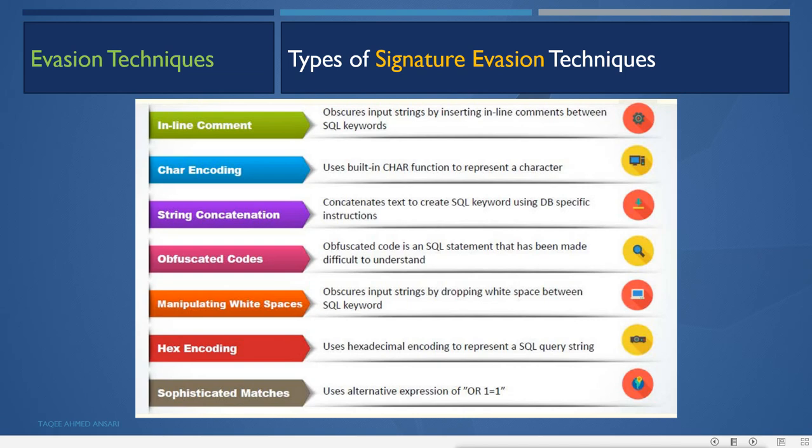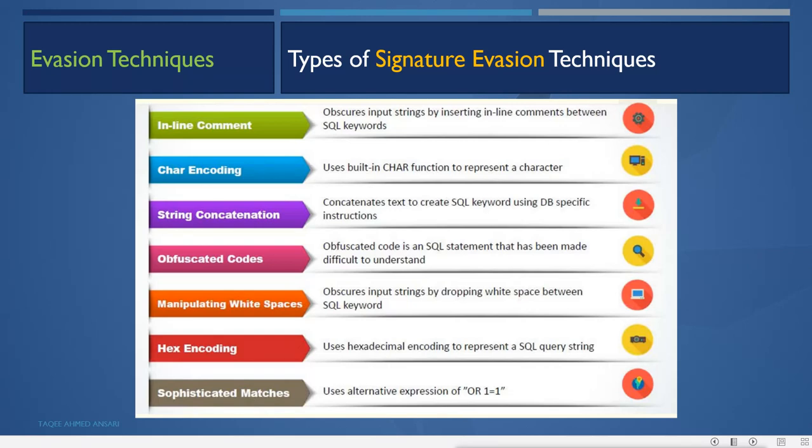Now if the query goes directly to the IDS, the IDS will match the signature and know that this is the wrong query, this is the malicious query. But when the attacker adds different comments in different places of the string, then the hash generated from that query will not match the signature in the database of the IDS.